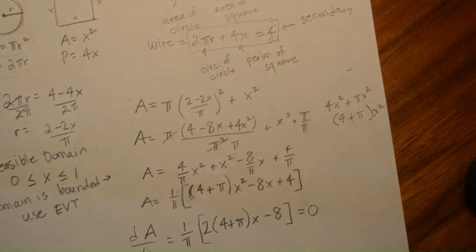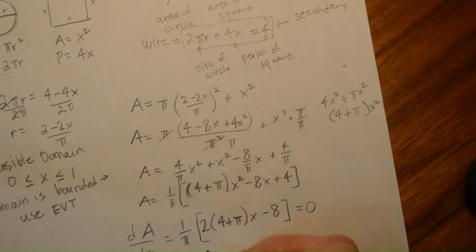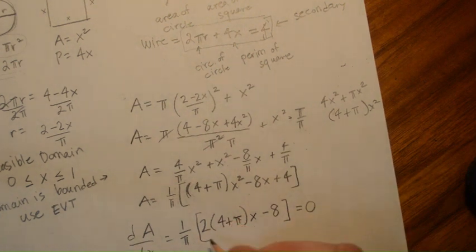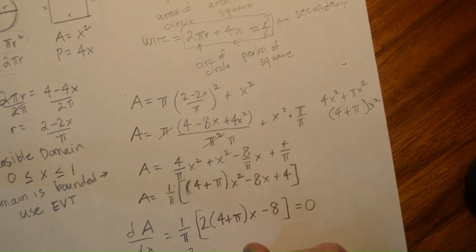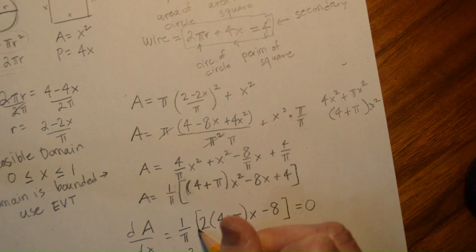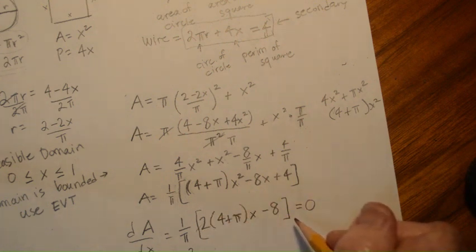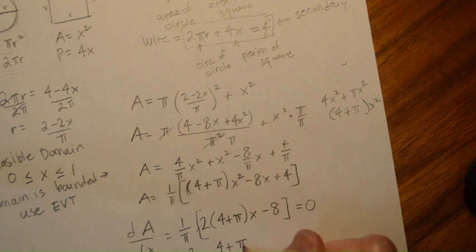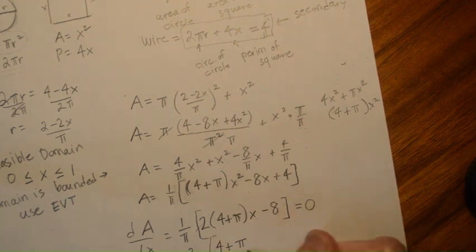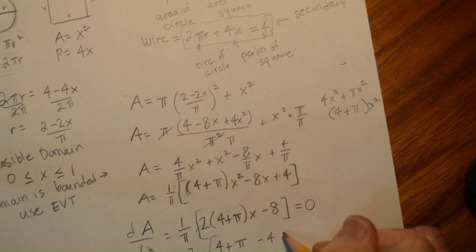All right, so if I multiply this through, well, let's say this. I'm just going to note that I can divide out by a 2, so I get 2 over pi, equals, when I take that 2 out, I end up with 4 plus pi, and when I take the 2 out of here, I end up with minus 4.